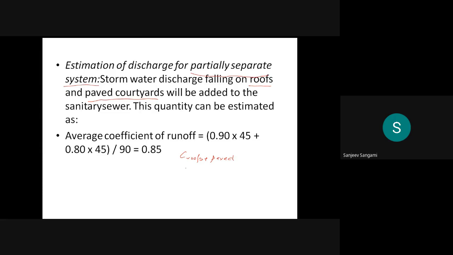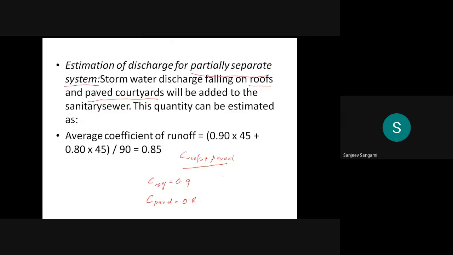So when you are doing that, if you go back to the C value of the roof, it is 0.9, then C value of the paved is 0.8.